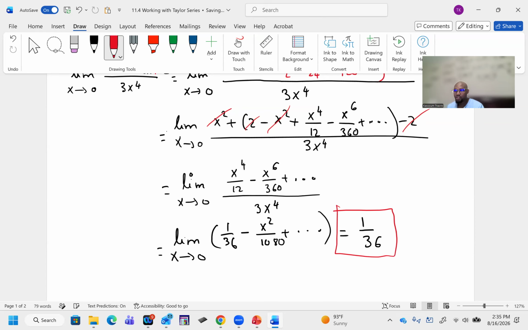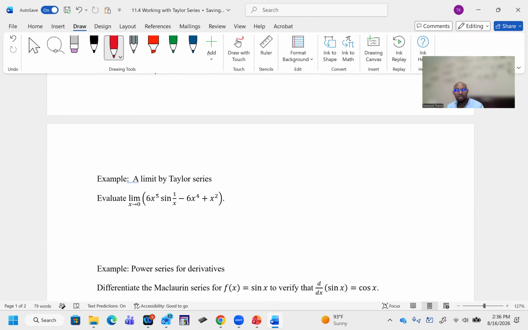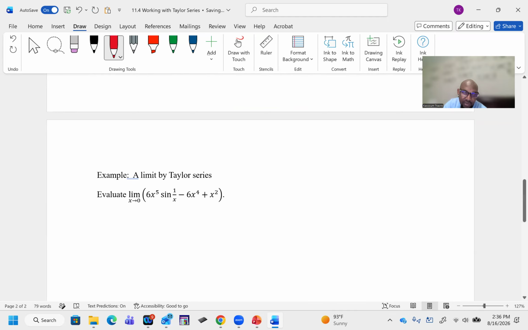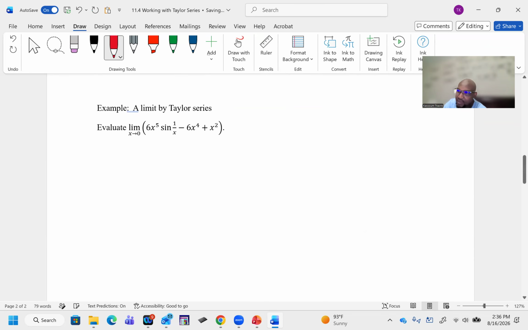So let's move to the next example. We are asked to evaluate the limit as x approaches 0 of 6 times x to the power of 5 times sine of 1 divided by x minus 6 x to the power of 4 plus x squared. So, again, we will continue.